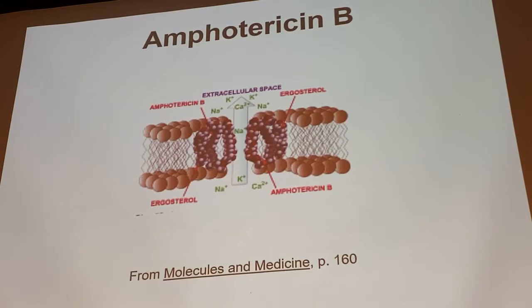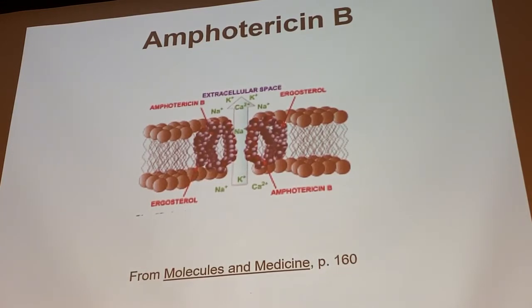Okay? So what this does is it forms an artificial channel or an artificial pore in the cell membrane. This region in between these two amphotericin molecules where we have these hydrogen bonds is not impermeable, right? It's leaky. Water can flow through it. And if water can flow through it, then cations can flow through it because the cations are dissolved in water. So now you have unregulated flow of cations in and out of the cell, and that's what kills the cell, okay?